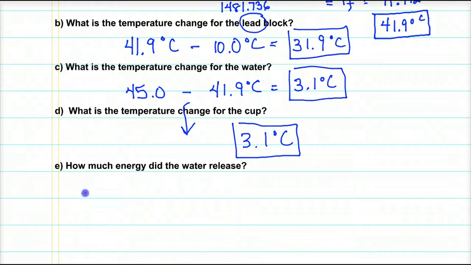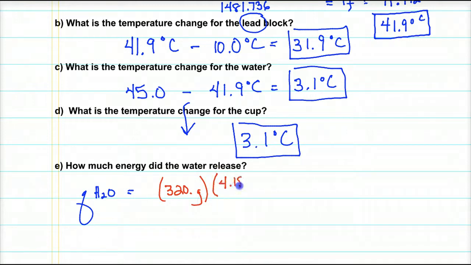Okay, so Q of the H2O is equal to M, which is 320 grams of water. The C is 4.18 joules per gram per degree Celsius.